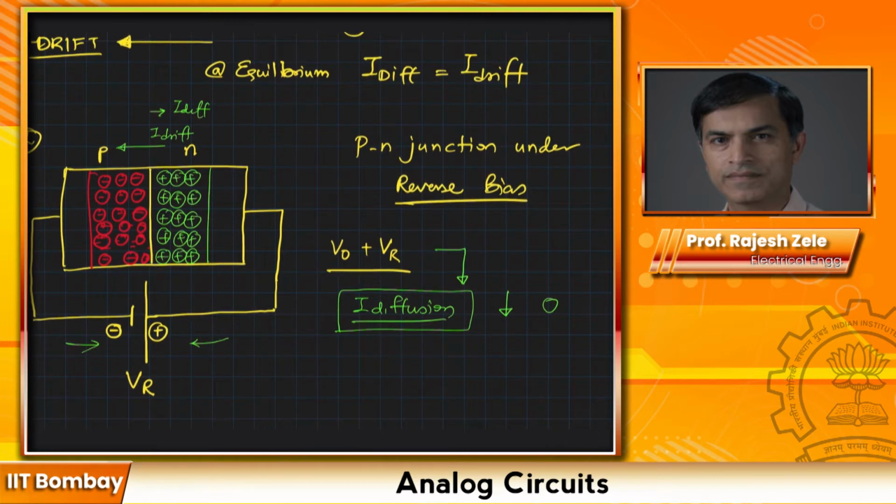As I said again, the I drift is minority carriers, and they are moving around under E field, electric field. If you look at this carefully, the only current you can say which is flowing in this direction will be I drift.